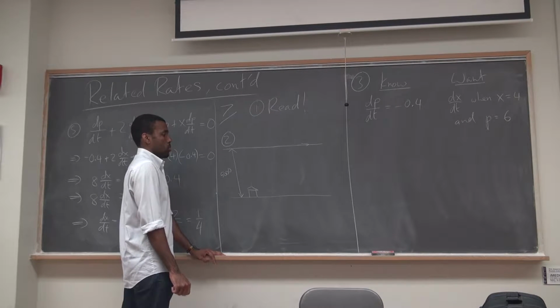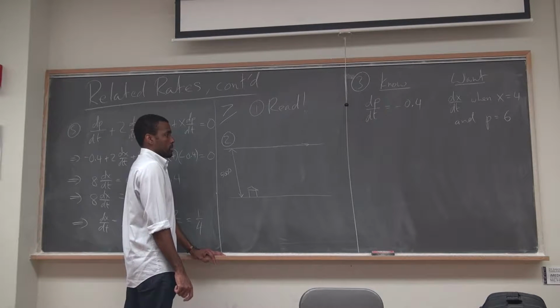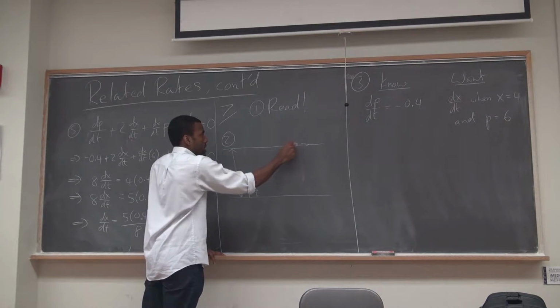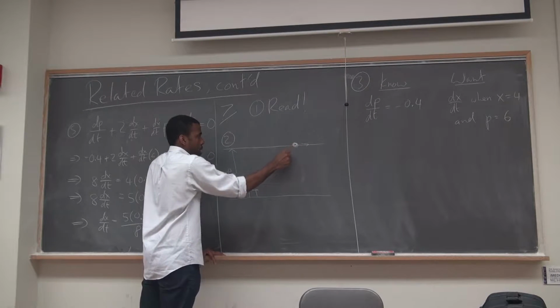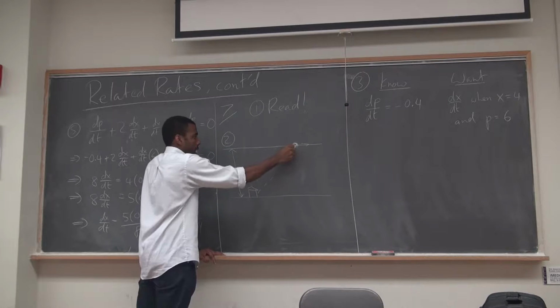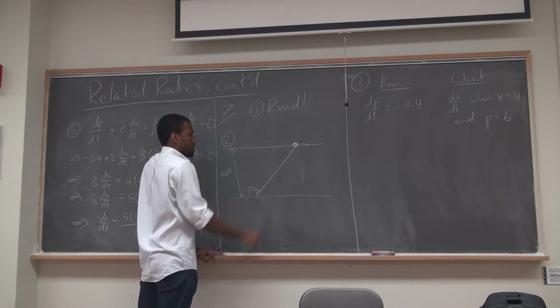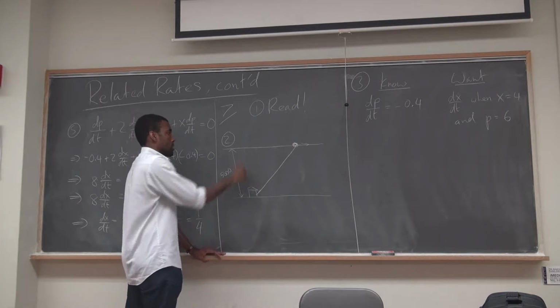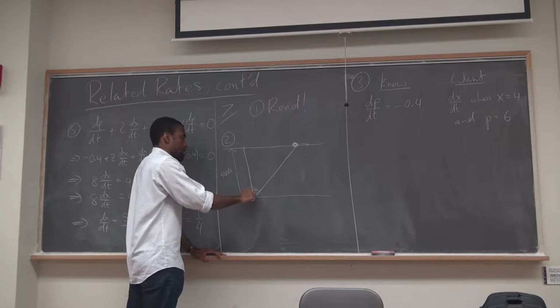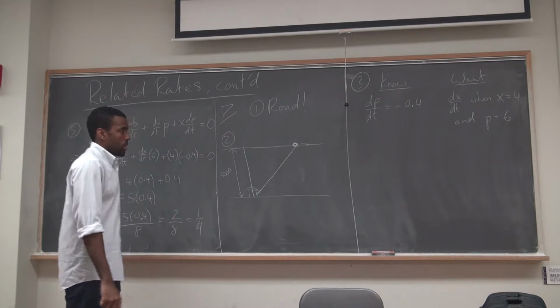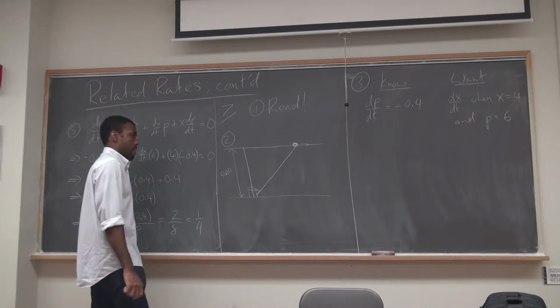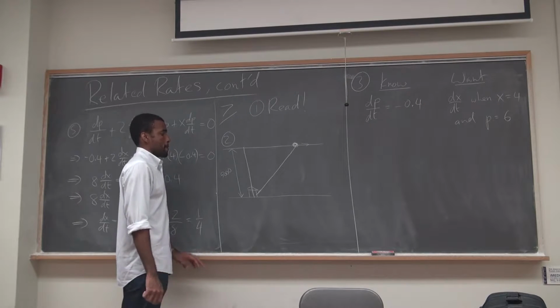What else is in this diagram? Which one is at 13,000? He's flying past, so at some point he's here, where his distance from the house, this distance here, is going to be 13,000. So I have that here. How do I label this? What's changing, what's not?